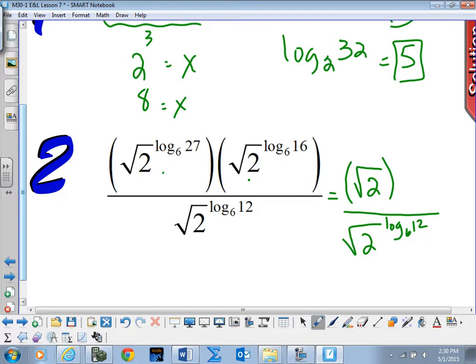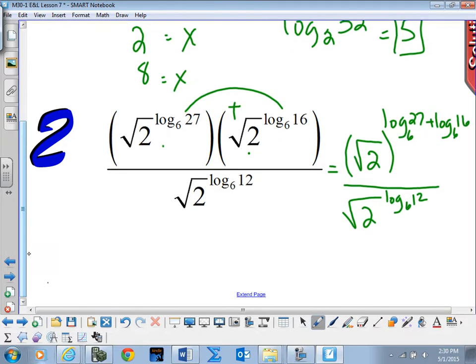All right, now log base 6 of, we're adding our exponents. When we're multiplying with the same base, the law of exponents tells us to add our exponents. Well, when I add these two logs, I can put those two together as a product.